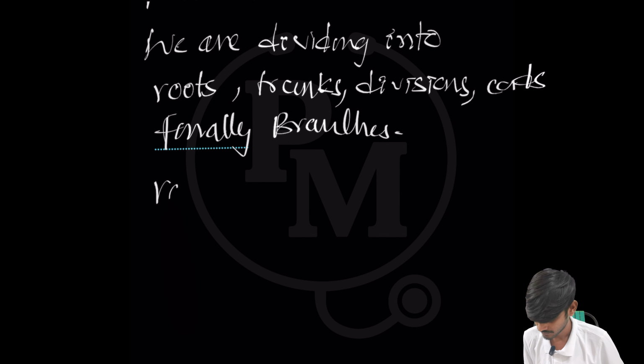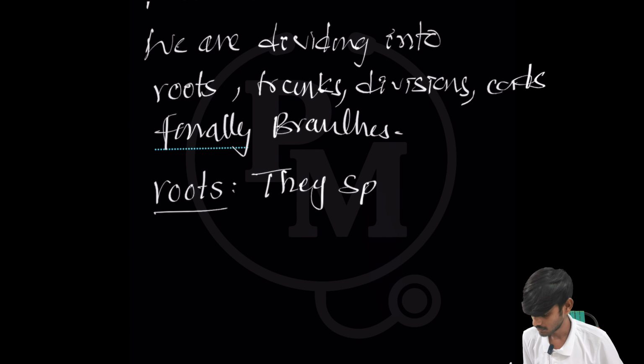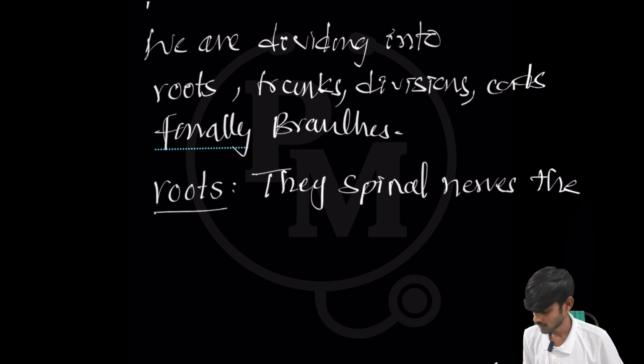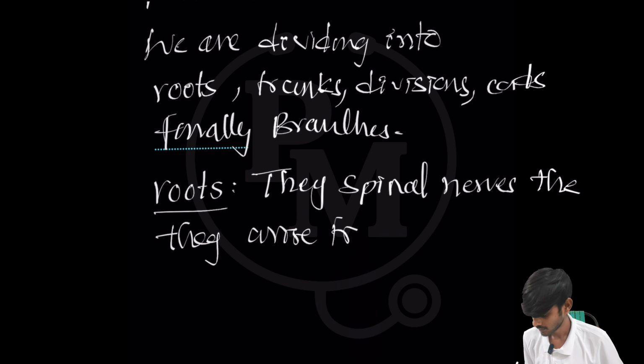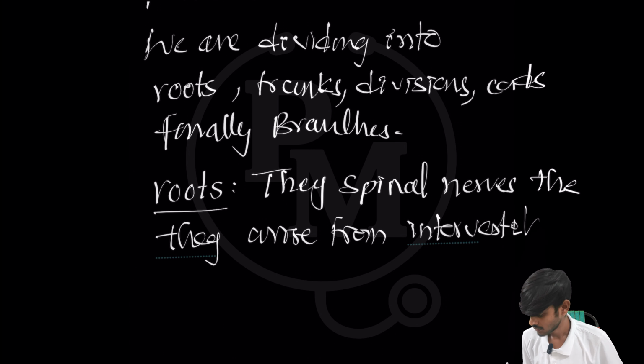Firstly, roots. Roots are spinal nerves. They arise from intervertebral foramina.